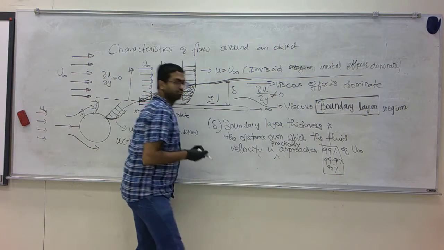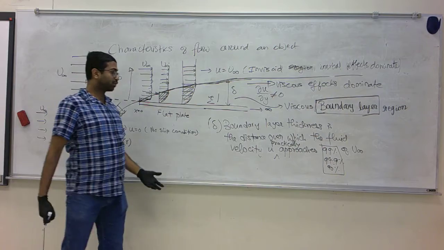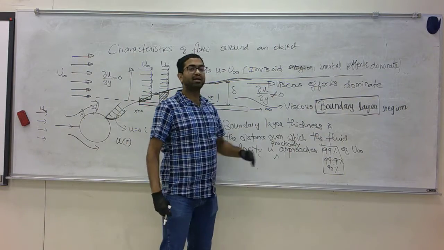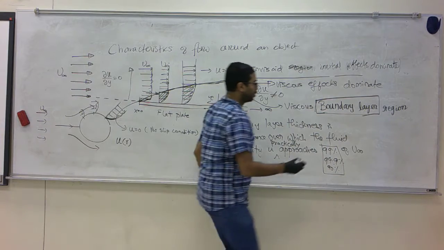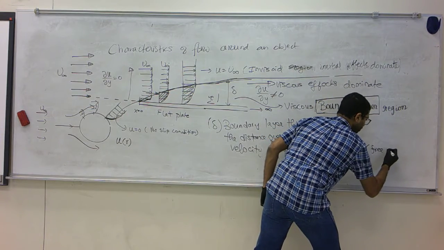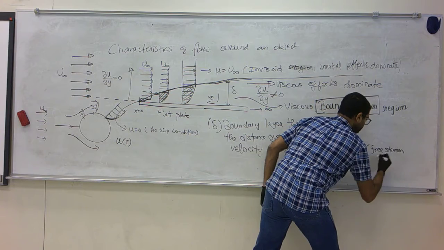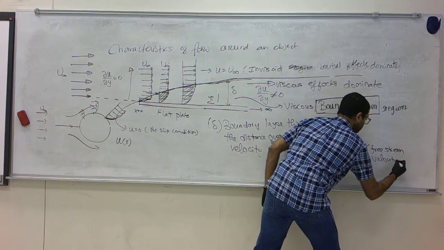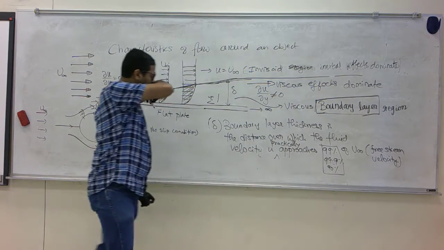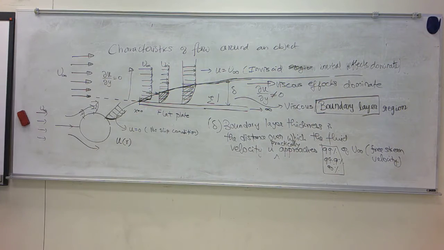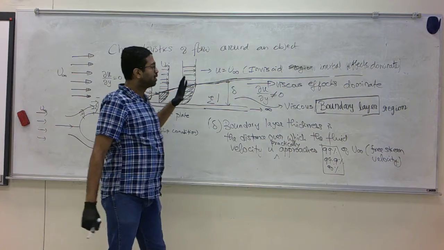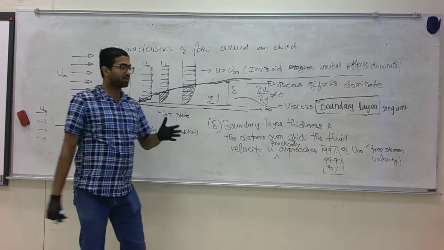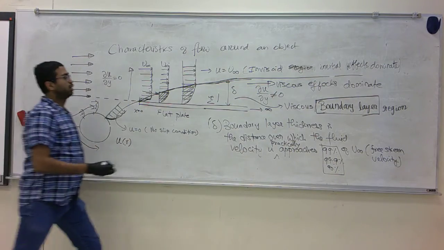That depends on who is answering the question, but practically approaches the value of the free stream velocity u infinity. So this is an important characteristic of the flow over a surface, the formation of the boundary layer.